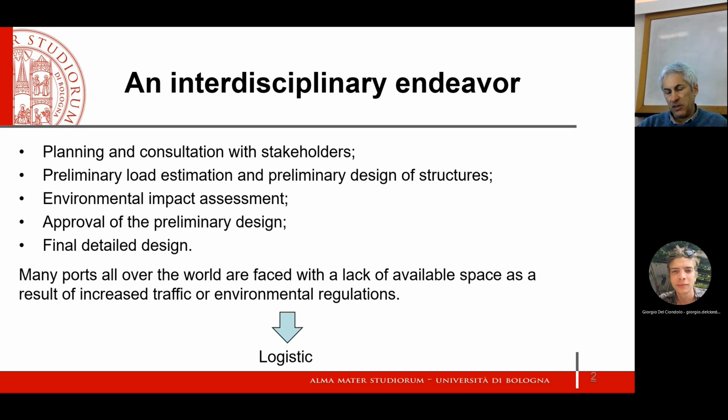The environmental impact assessment, along with the preliminary design and the cost estimate, is usually approved by an authority, depending on the regional laws, depending on the importance of the project, depending on the responsible authorities. And after the approval of the relevant authority, we can make the final design. As I said, the final design often ends up with a cost estimate that is larger with respect to the preliminary design.